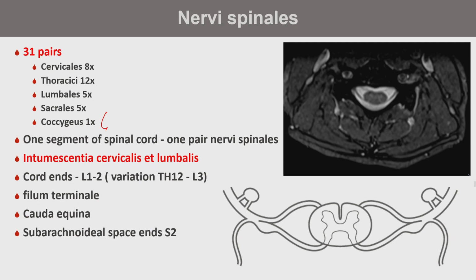Probably it's true. Why? Because this is a rudimental thing. Again, for example, a cat has a long tail, and there are many segments. For us, it is not important because it is so small that it is innervating only 1-2 millimeters around the anal region. So it's not important, and it's in a segment which is less than 1 millimeter.